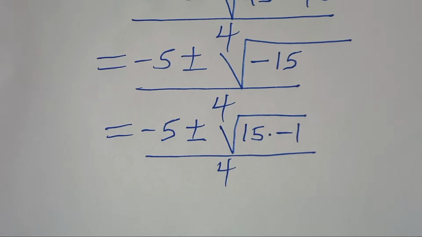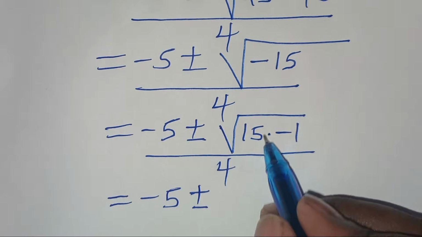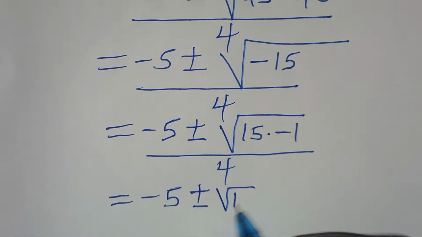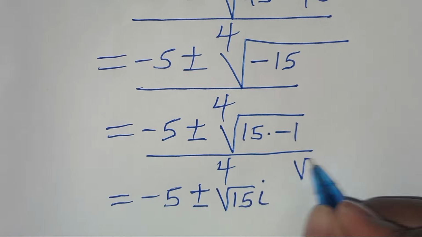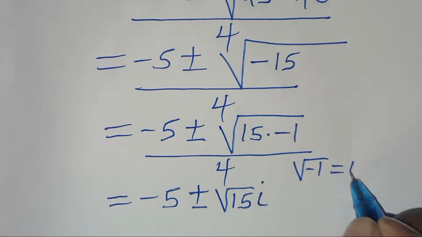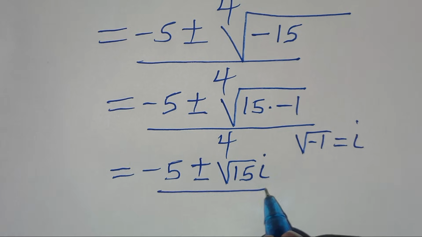So we have negative 5 plus or minus the square root of 15, then multiplied by i. Remember, the square root of negative 1 is equal to i. So this is divided by 4.